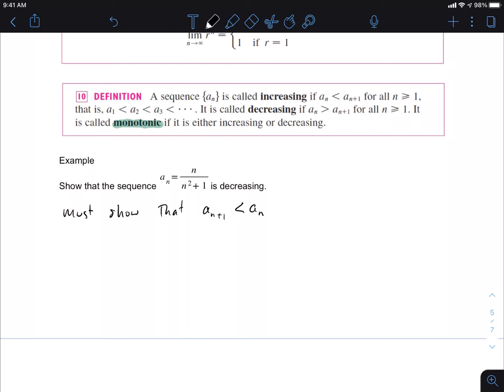So if I go to the next number it should be smaller, not bigger, if I'm trying to show that it is decreasing, correct? So that's important. We need to show that it's going to be smaller.